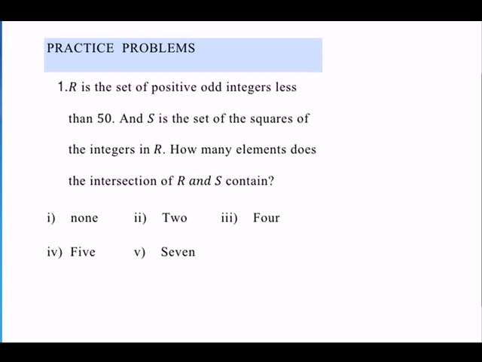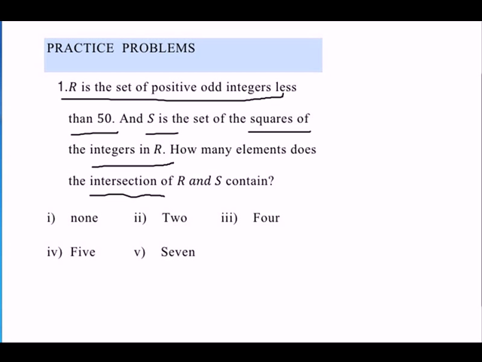We'll start with a simple problem. R is a set of positive odd integers less than 50, and S is a set of squares of the integers in R. How many elements does the intersection, note intersection, of R and S contain?